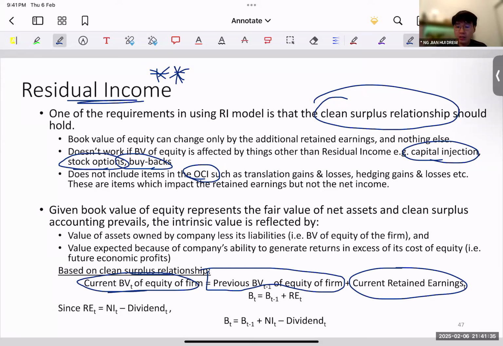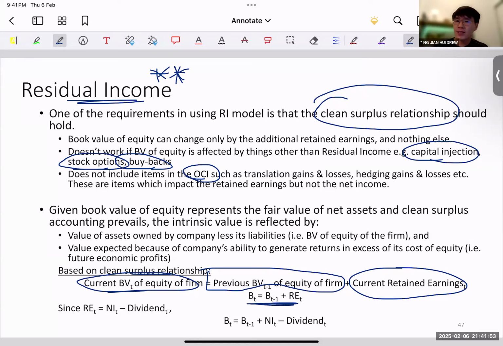Because there is no capital injection, no stock options, and no OCI stuff happening, your current book value is just your past book value plus retained earnings, which is given by these simple sets.